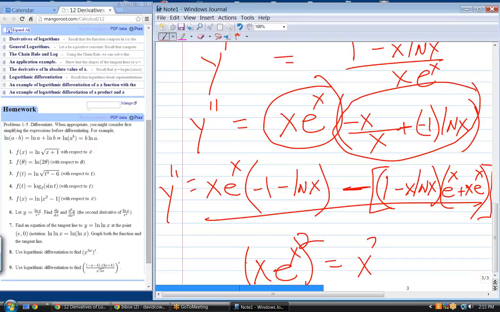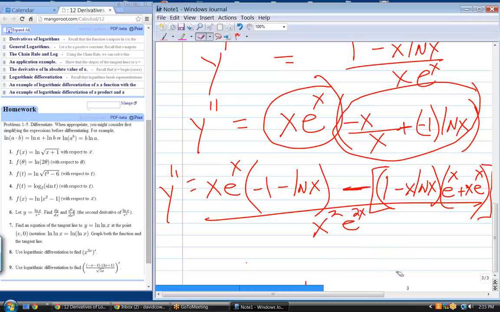Well, close. x squared, you have to square both terms. e to the 2x. Okay. So x squared e to the 2x. So just applying the quotient rule twice gets us to this point.